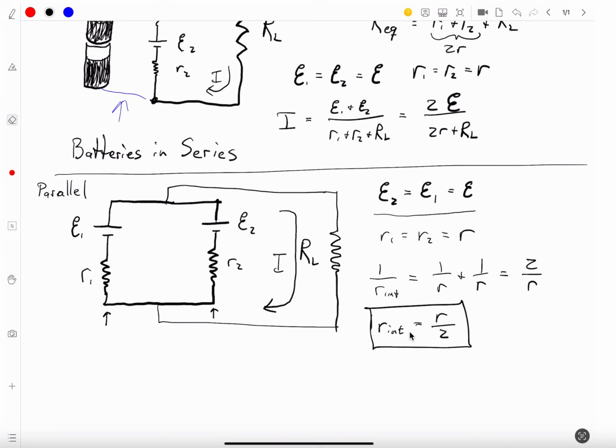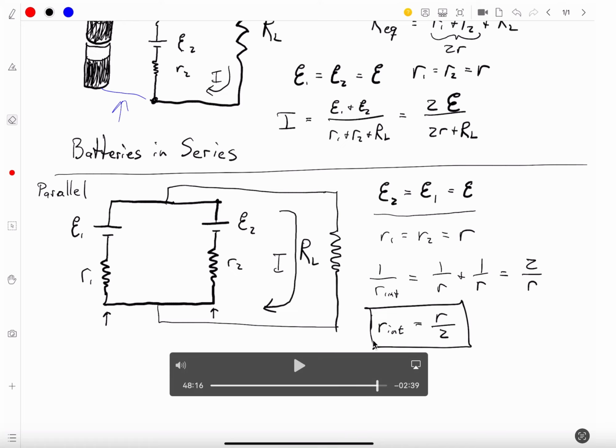So the internal resistances go down every single time you put these in parallel, okay? So that's another benefit to having parallel. And if you don't have diodes, just make sure your AA batteries or AAA batteries are all the same. That's it. It's easy to do.